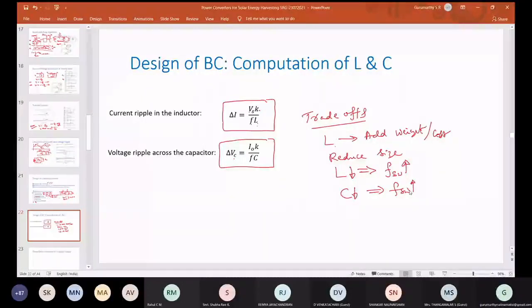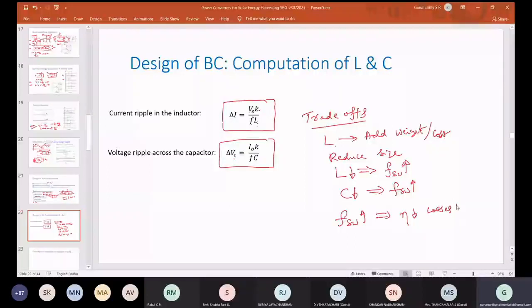Your loss in the device is going to increase. So if you are increasing the switching frequency, what will happen? Your efficiency will come down. Efficiency reduces, losses will increase. So you have to make the trade-off between these two things.